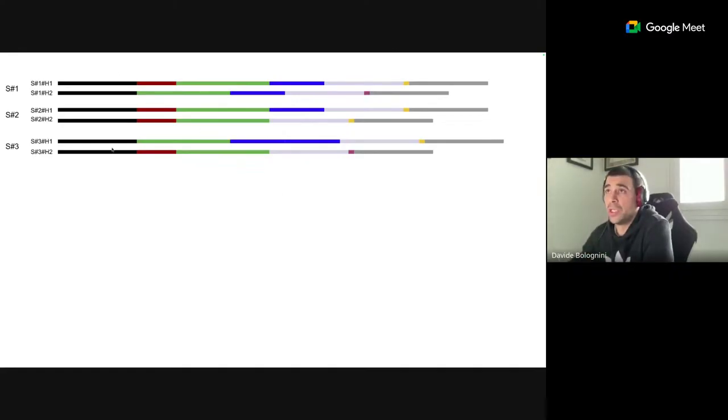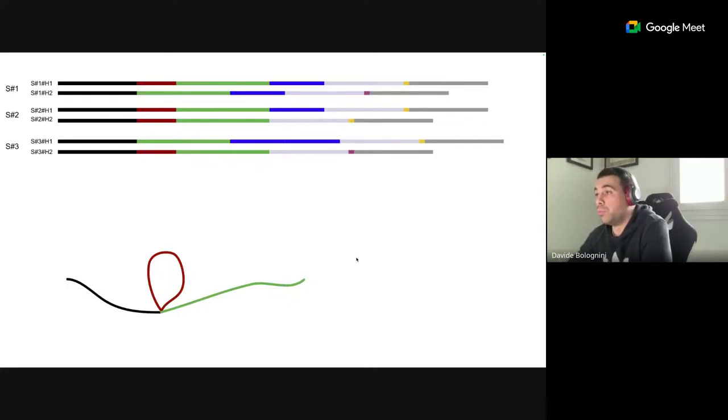The first block, which is the black block, is shared across all the haplotypes, and you will have a node. And then from the black one, you can go through to the red or to the green node. So you can take the red path or directly the green one, or go through the red one and then to the green.